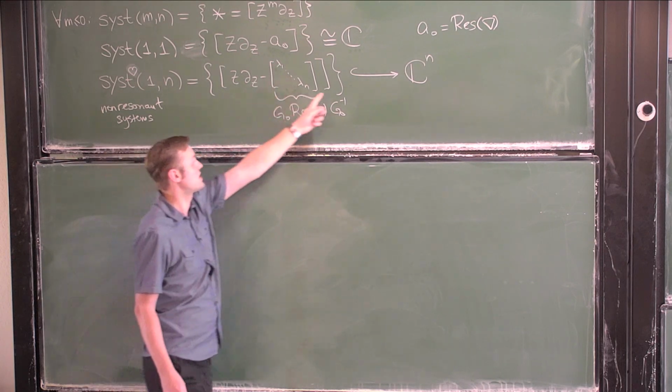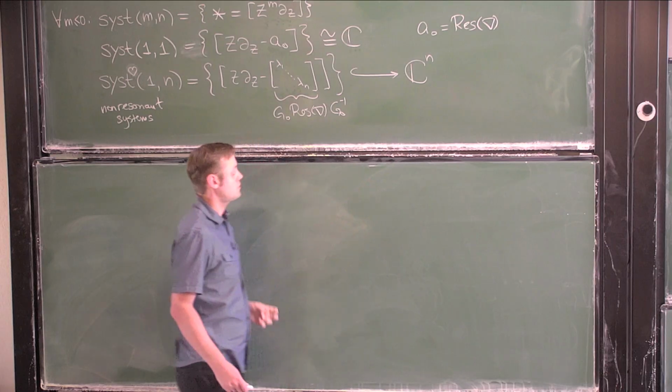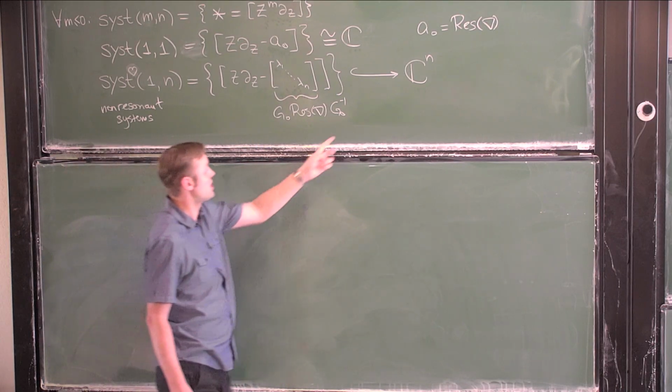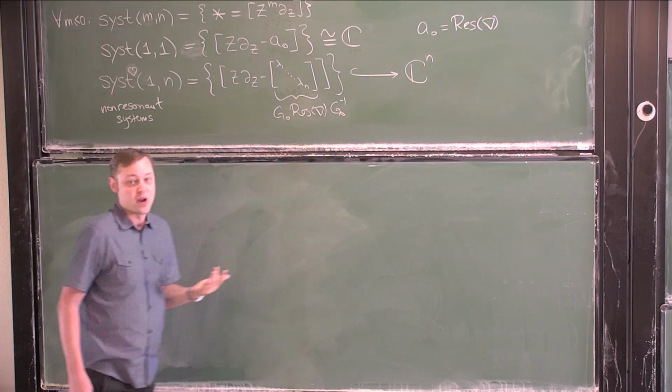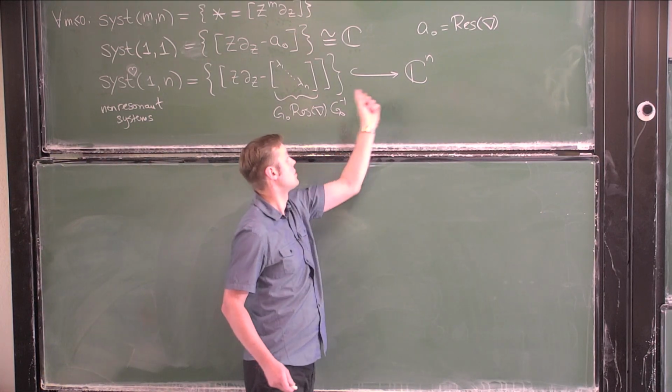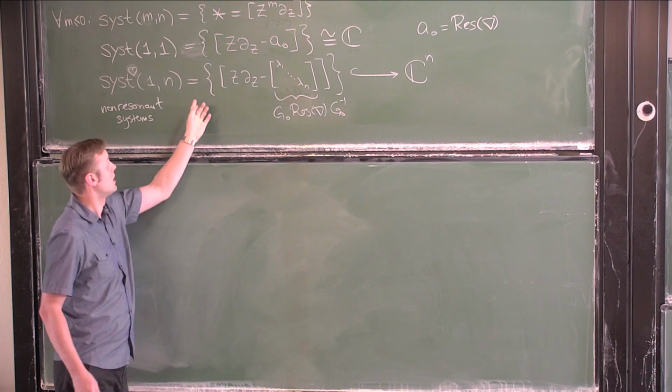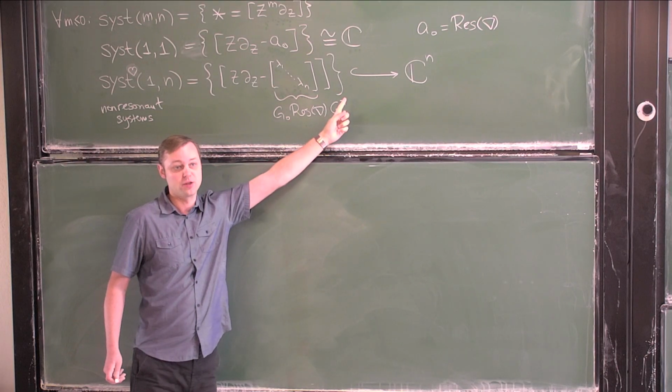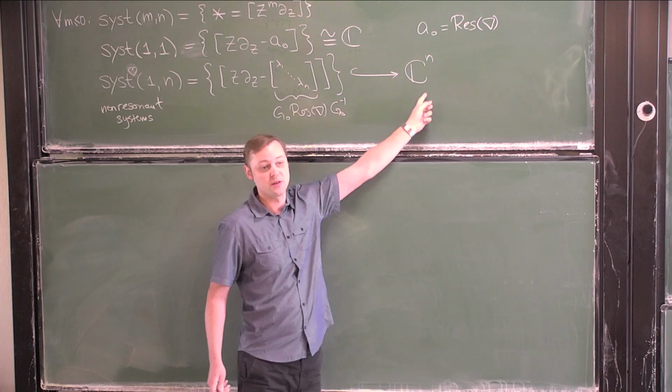So this cuts out a subset of C to the n given by algebraic equations, infinitely many algebraic equations, but nevertheless algebraic equations. That proves that this moduli space has the structure of an algebraic variety. It's a subvariety of C to the n.